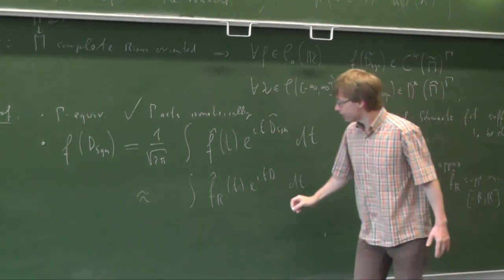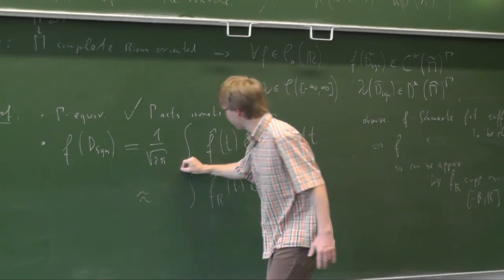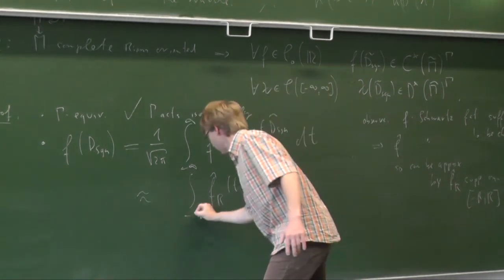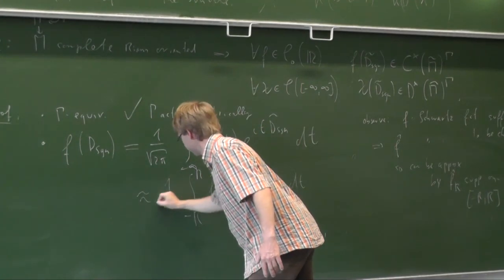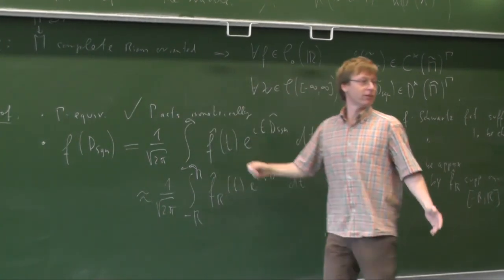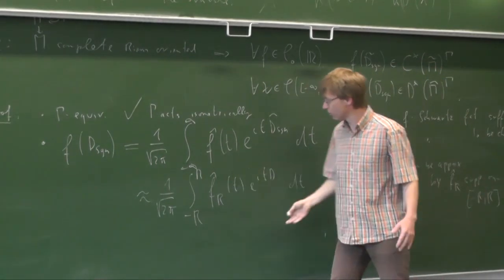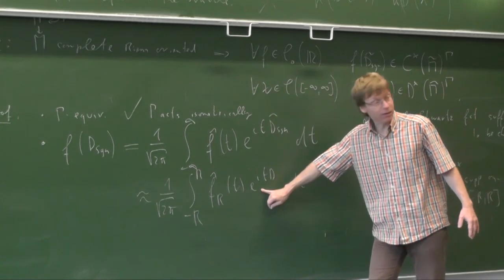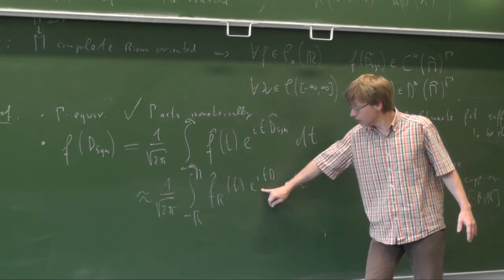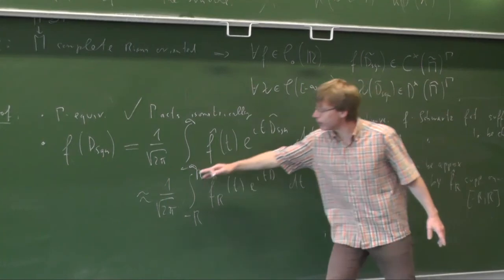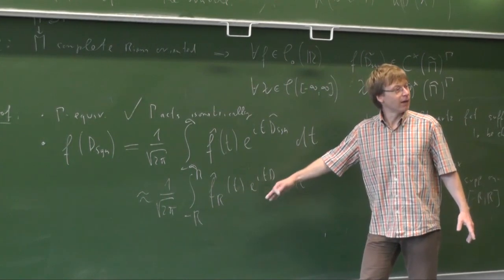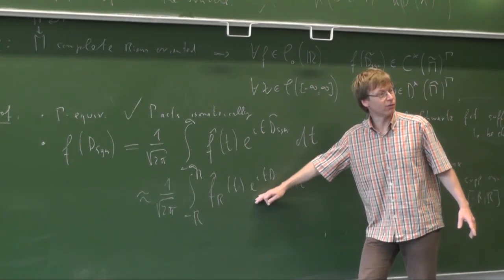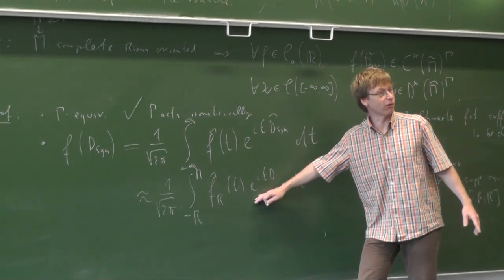And now, we might as well have said this integral which went from minus infinity to infinity. This function is supported in minus r to r. Outside the function is 0, so the integral can be cut like that. And there we now need that e to the itD has propagation absolute value of t, so the whole integral has propagation at most r. Just by integrating, summing up operators, propagation less than or equal to r.